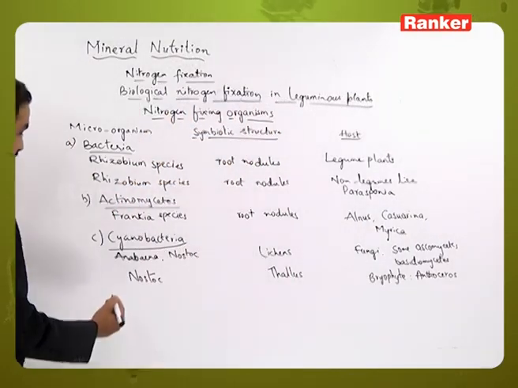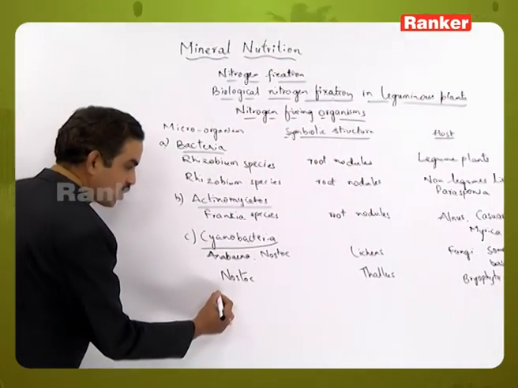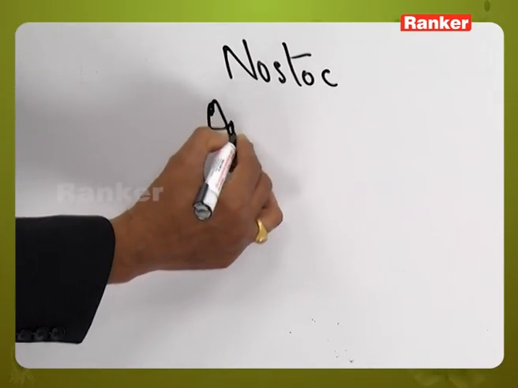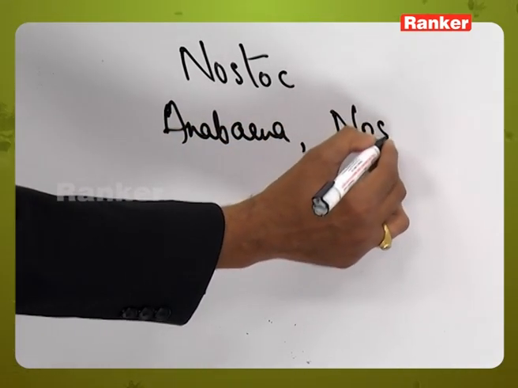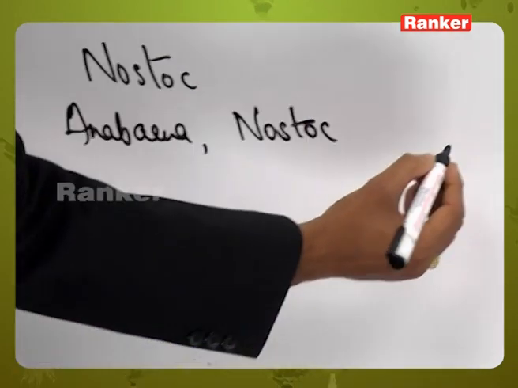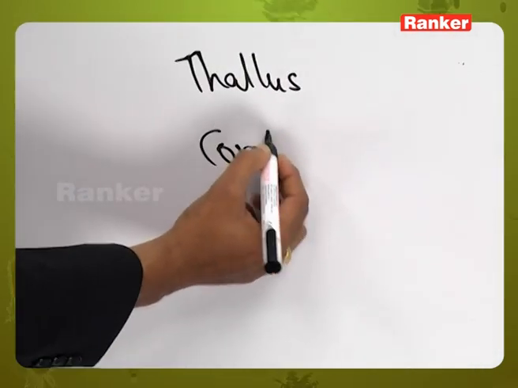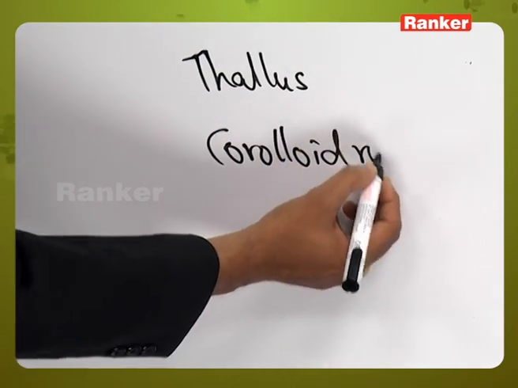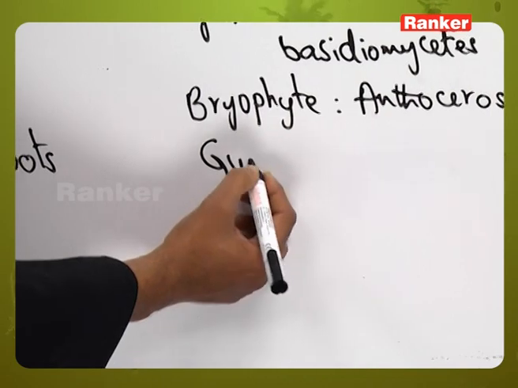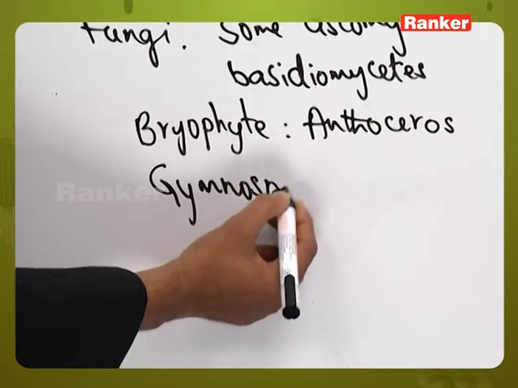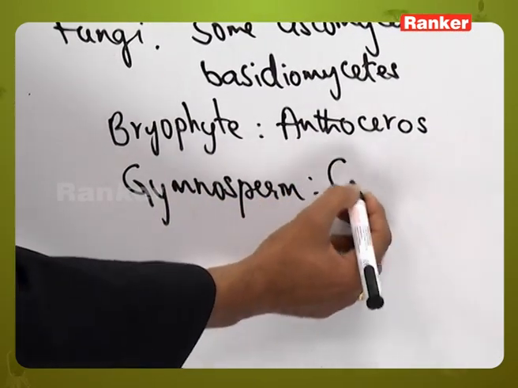In the same way, some species of Anabaena and Nostoc will form some special structures called coralloid roots in a gymnosperm plant like Cycas.